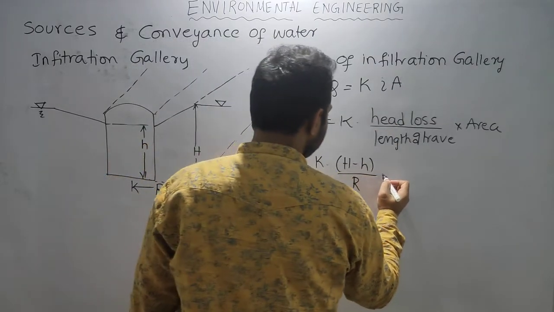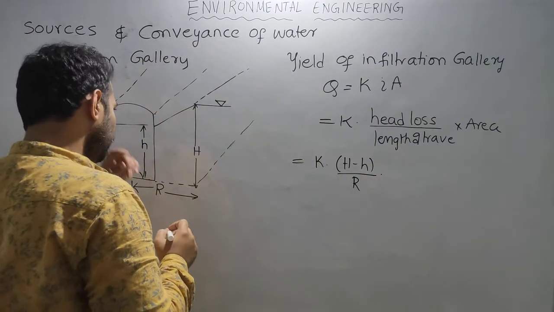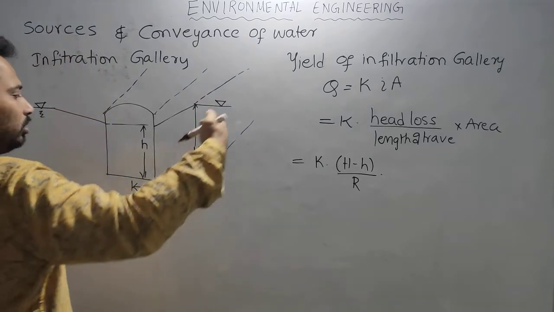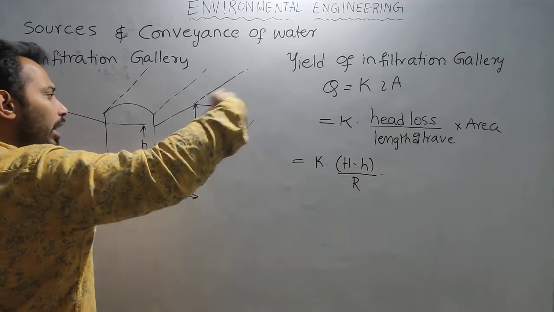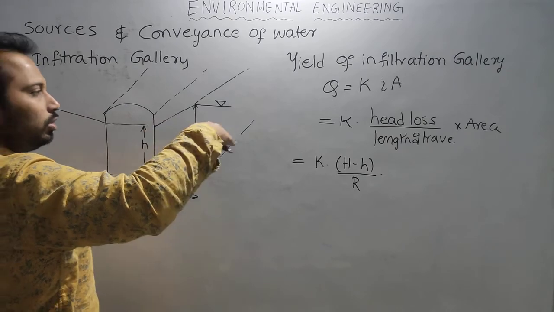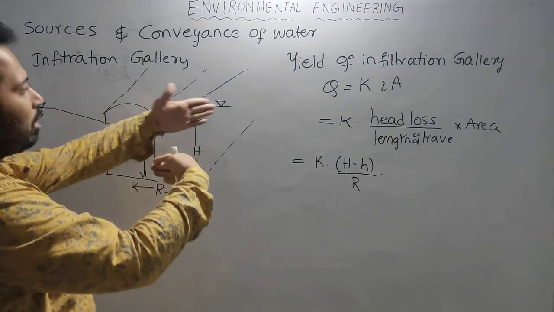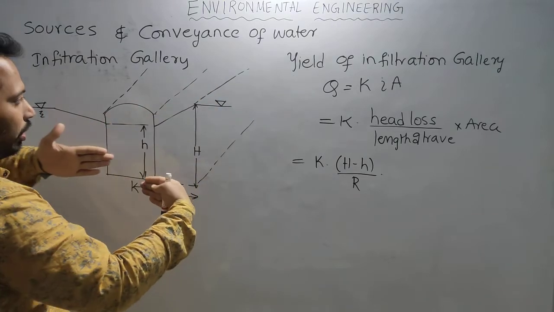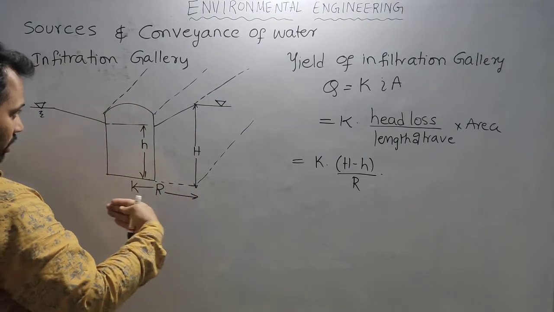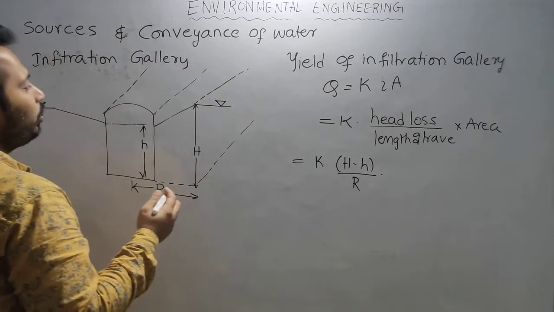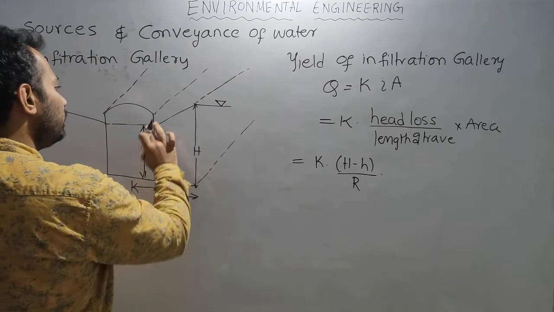What is the area? This is the traveling direction of the water, right? So water is traveling in this direction, and you need to take the area perpendicular to it. So what is the area I need to consider now? This is a trapezoid.